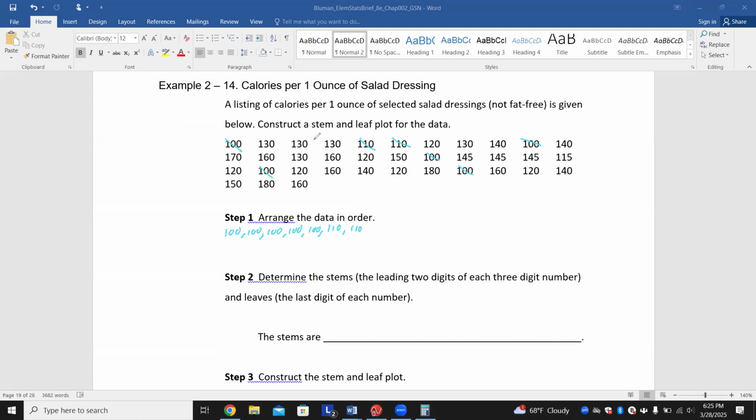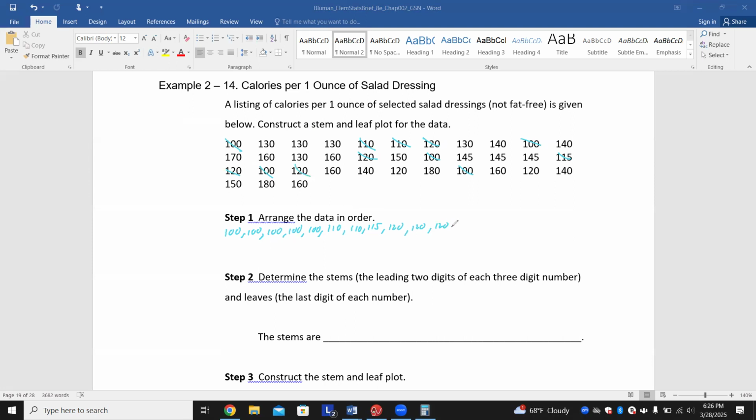All right, I saw 115 earlier. Oh, there it is right there, 115. Okay, so the next one should be a 120. There's a 120 right there. There's a 120 right there. A 120 right there.